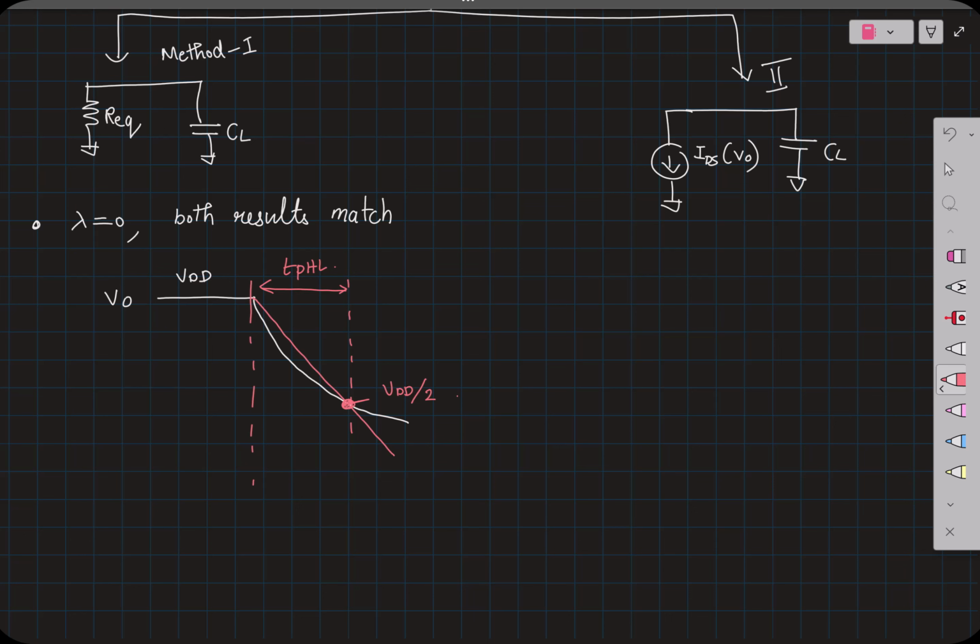This is clear? In using these models, we are not interested in the waveforms at any other point other than the value from V naught equal to VDD to V naught equal to VDD by 2. For that calculation, it doesn't make a difference whether you use method 1 or method 2, both of them will yield the same result. Any questions here?